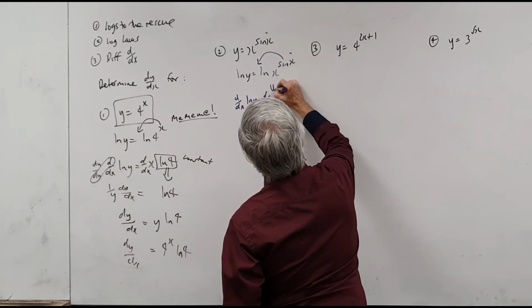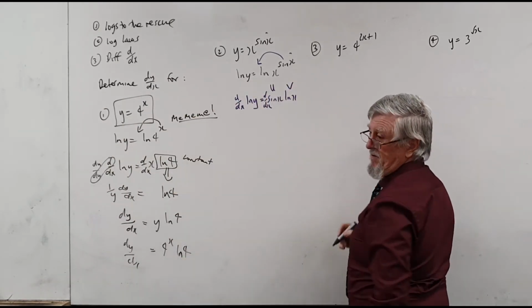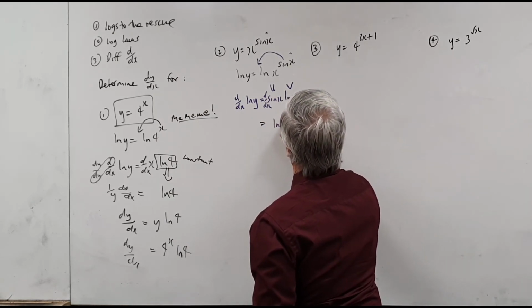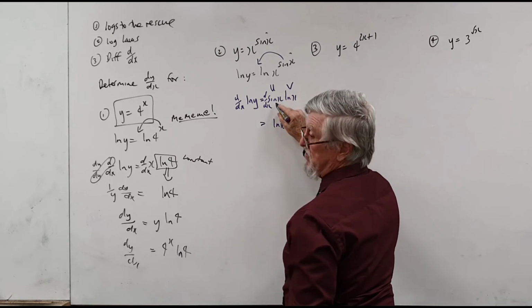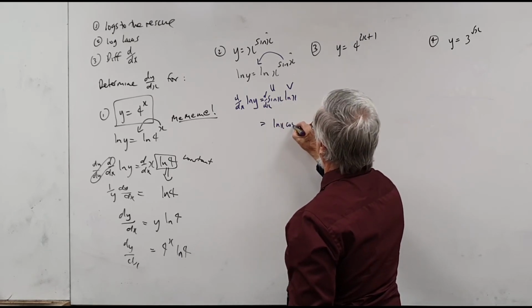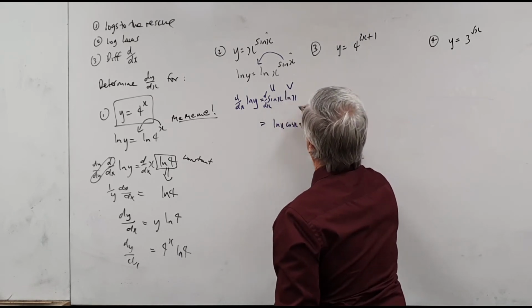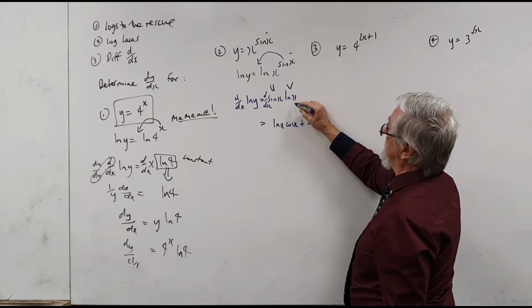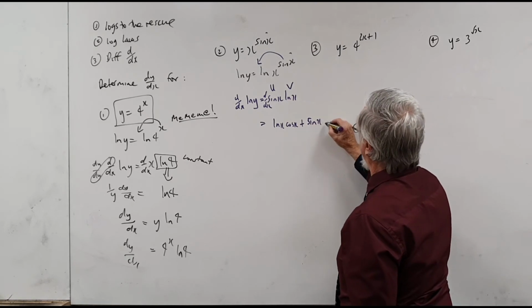Yeah, see now that's a bit weirder. Now there's the u and there's the v, so if we ignore that for a moment, okay? Therefore you go v u dash, derivative of sine is cos, plus u v dash.